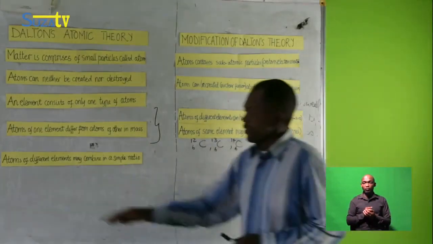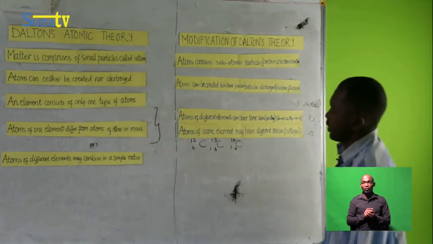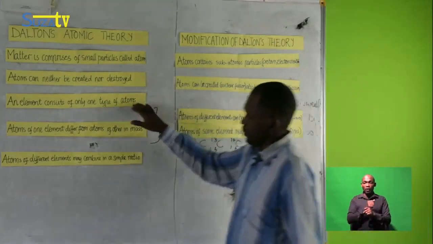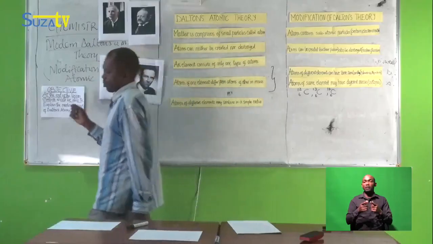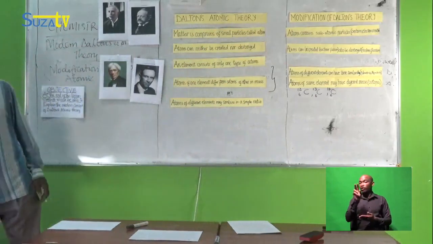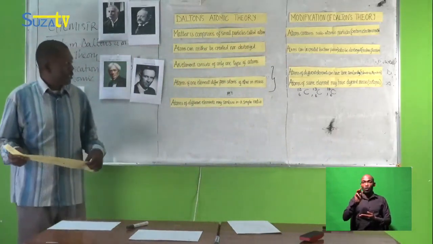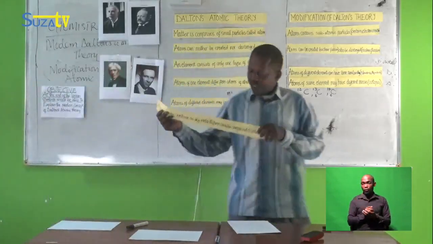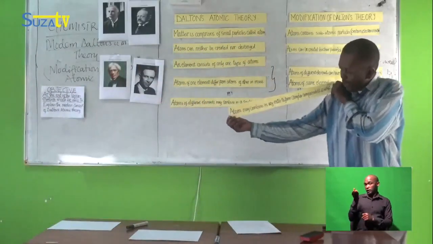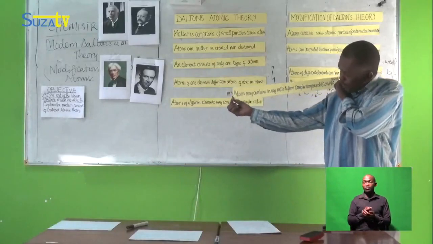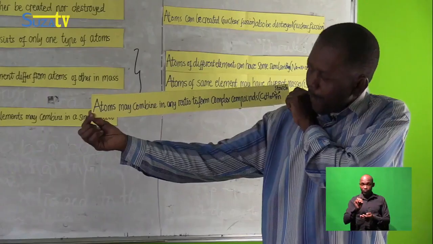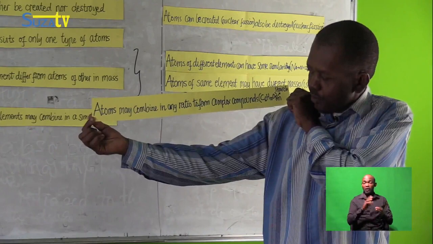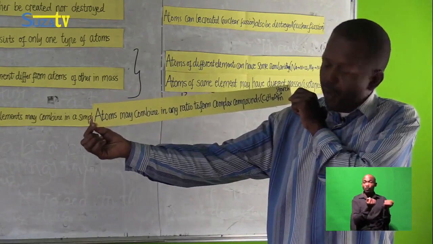So I think of the last one, one among the postulates that does not have any comment or challenge yet. The last one says atoms may combine in any ratio to form complex compounds.